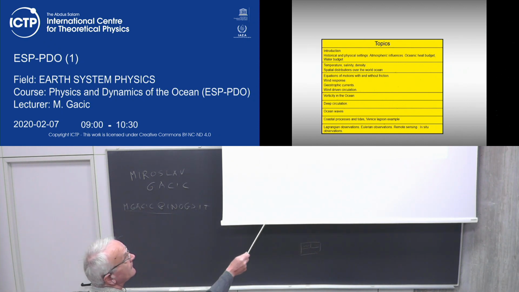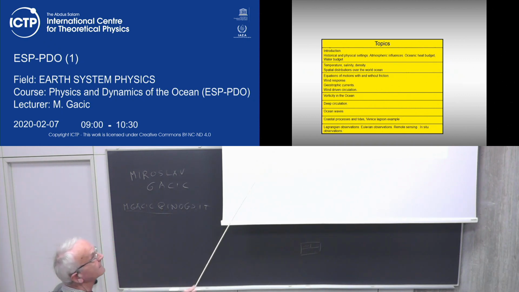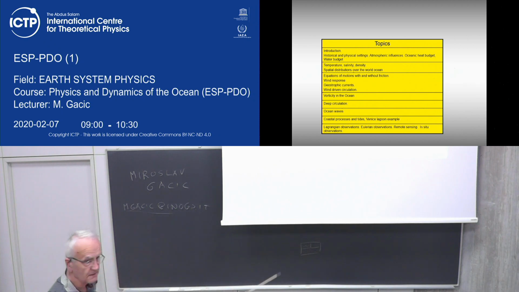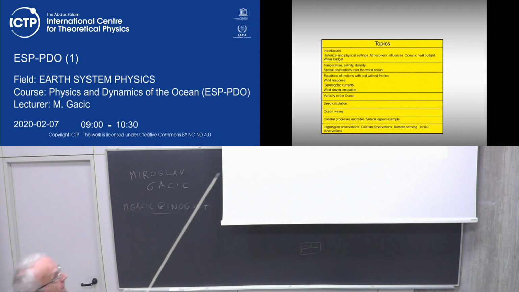Then we have wind-driven circulation, which is another very important part of the circulation. We have the vorticity. We'll be talking about the vorticity of the ocean with torque, because we are sitting on the rotating Earth, so vorticity plays a very important role.